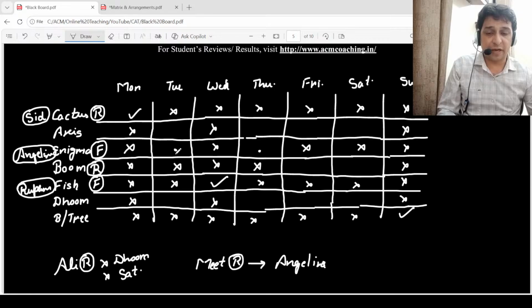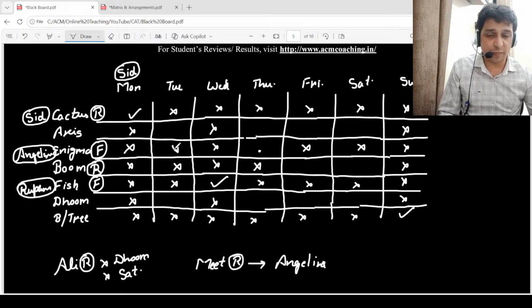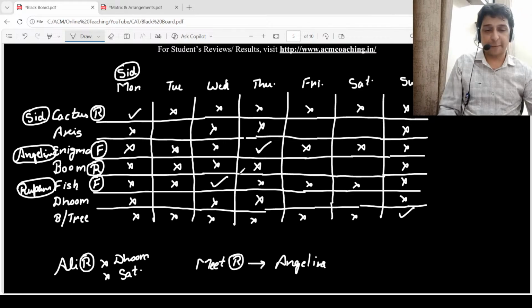If I take it on Tuesday, then on Monday Sid is performing, so we don't have Meet there. That means Enigma cannot perform on Tuesday. Enigma has to perform on Thursday itself. So for Thursday, all the other bands got crossed out.